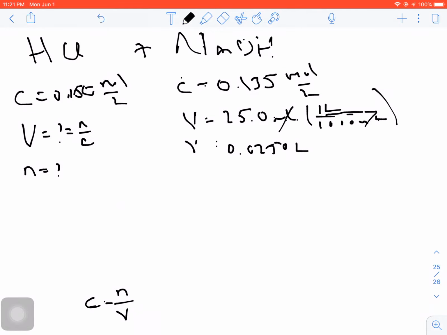So before I can calculate the volume, which is what I'm looking for, I need to know how many moles of acid.